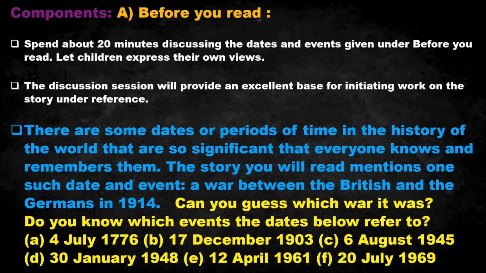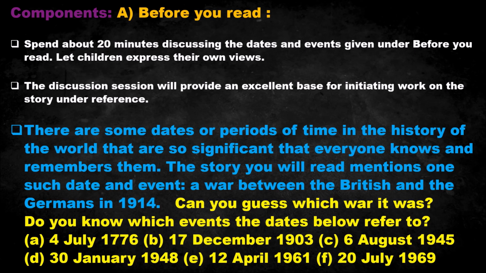For example, this is how we'll find in our lesson: there are some dates or periods of time in the history of the world that are so significant that everyone knows and remembers them. The story you will read mentions one such date and event, a war between the British and the Germans in 1914.